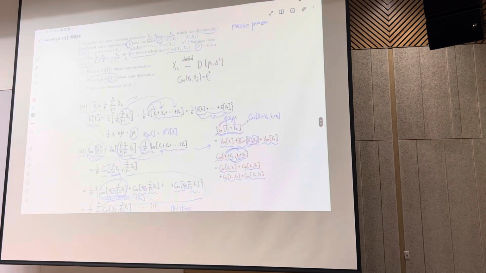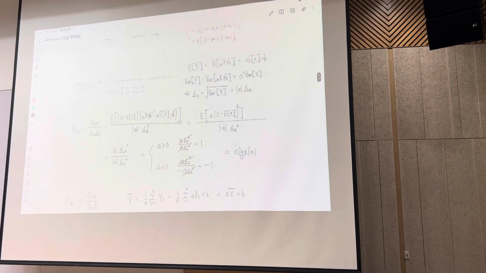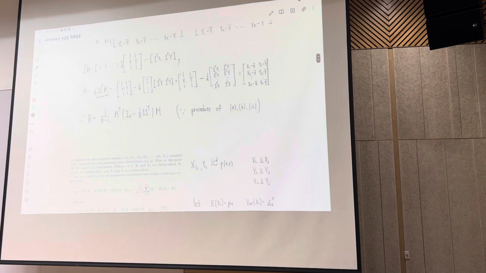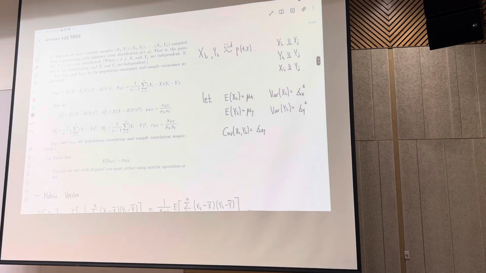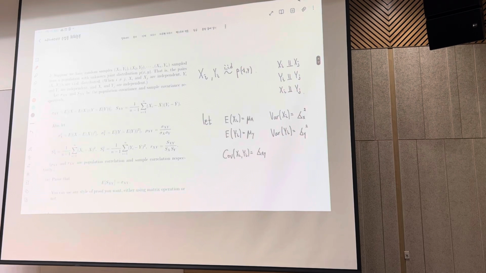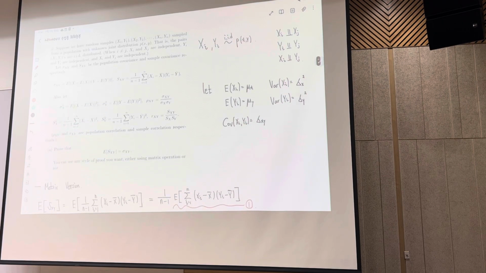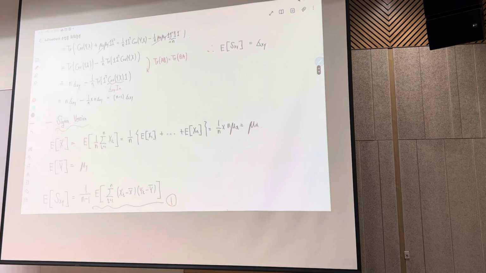Then lastly, many of the students asked me, how can I solve theoretical problem number 2, this one. It can be solved by two processes, matrix version and sigma version.